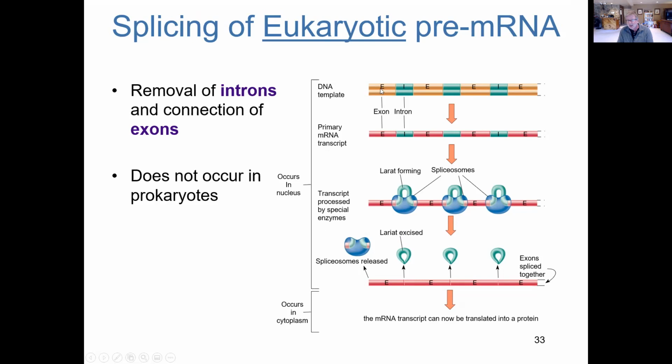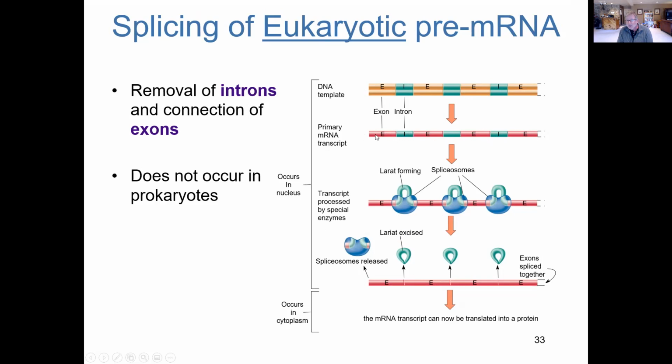So theoretically, I'm just going to pick a number. Let's say you've got this original mRNA transcript, the pre-edited one. Let's pretend this is 1,000 nitrogenous bases in length. We'll just pick a number, easy to do the math.